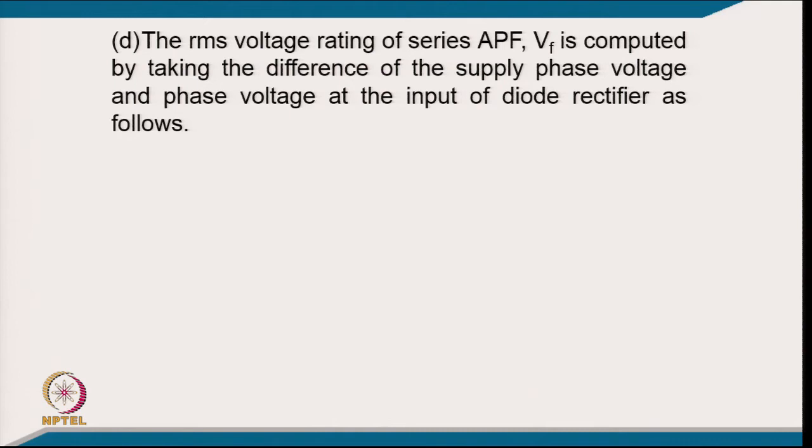So, the RMS voltage rating of the series active filter VF is computed by taking the difference of the supply phase voltage and the phase voltage at the input of the diode rectifier as follows.